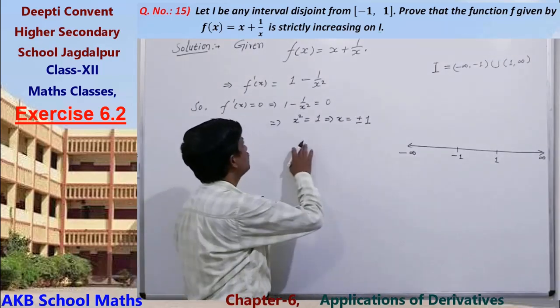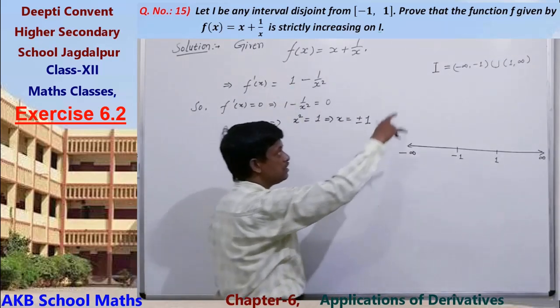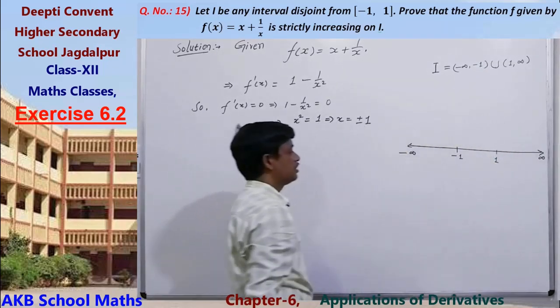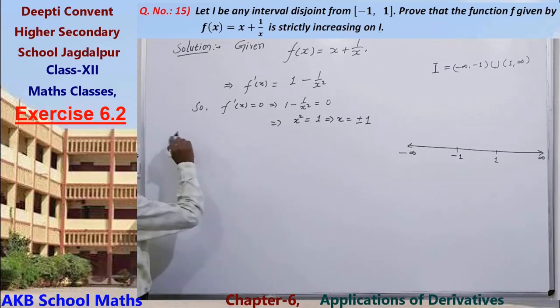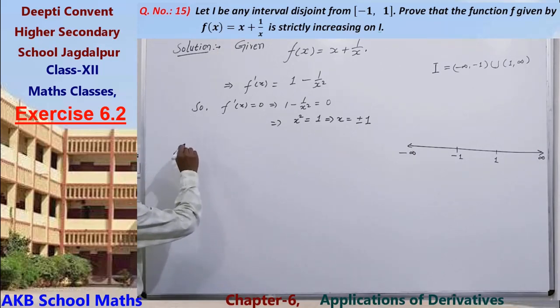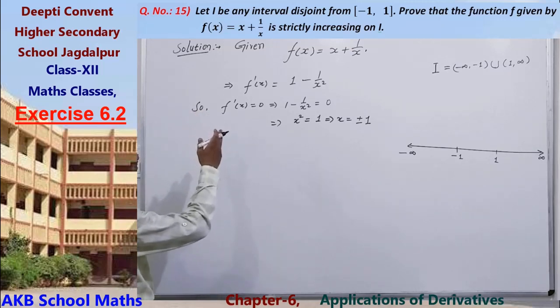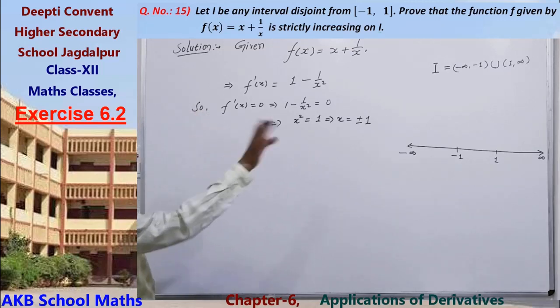Now we have to show that the function is strictly increasing in this interval, and also in this interval. So we check the sign of the derivative one by one in these three parts.